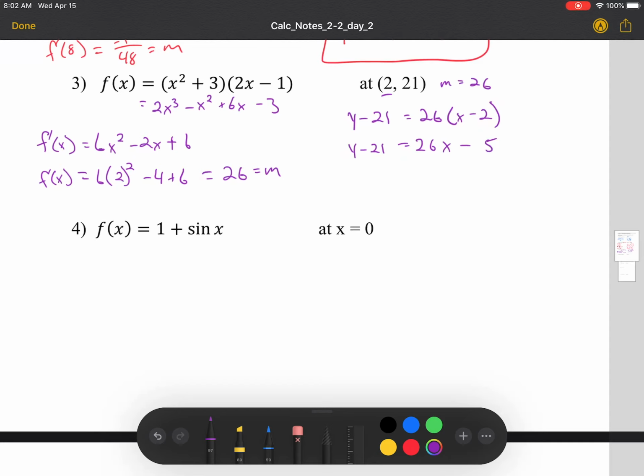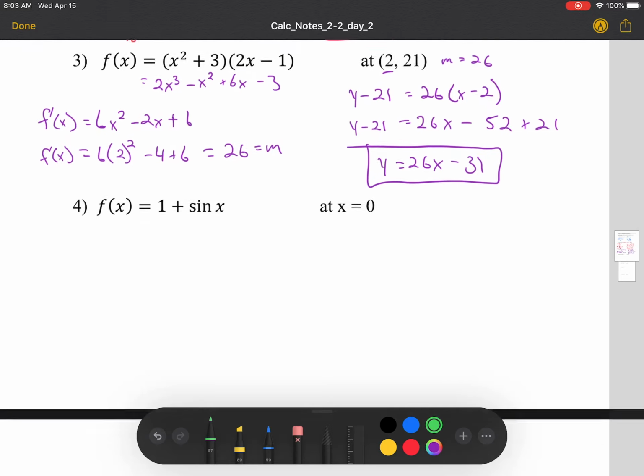So we got y minus 21 equals 26x minus 52. Bring the 21 over, and you're going to get y equals 26x minus 31. And that's our answer.